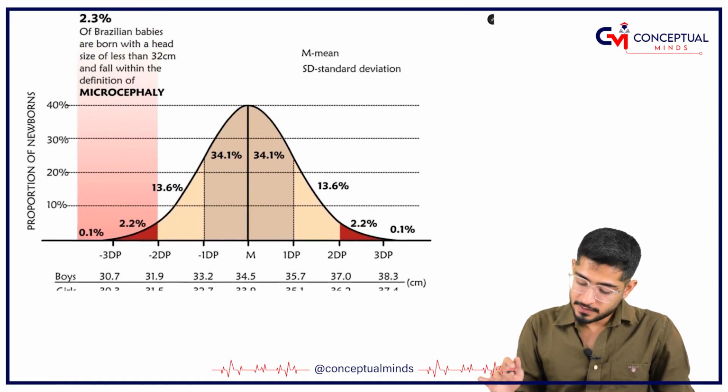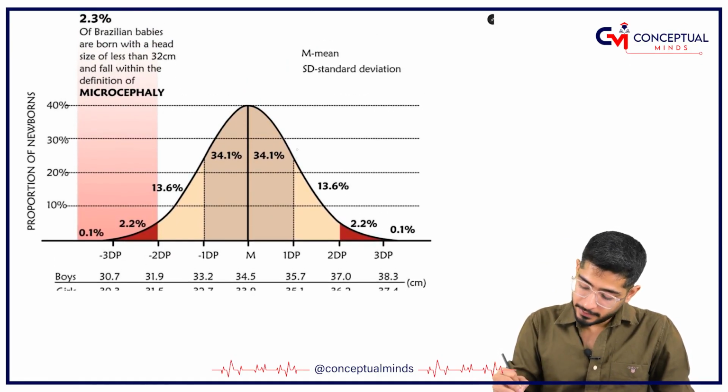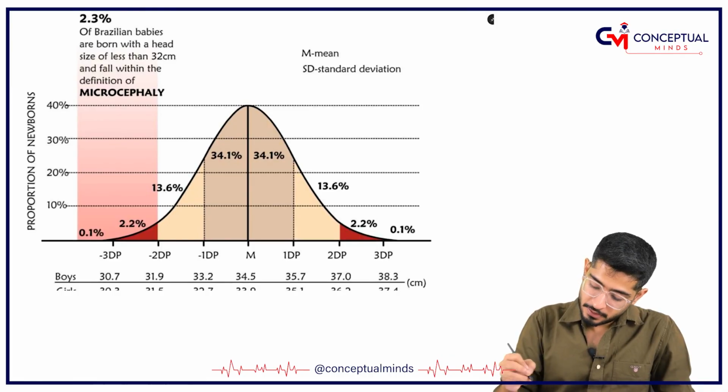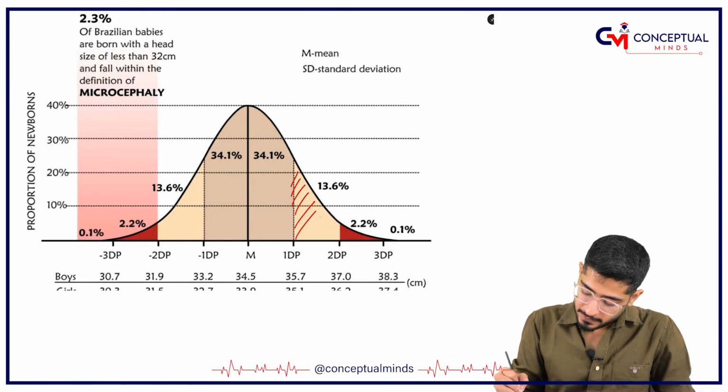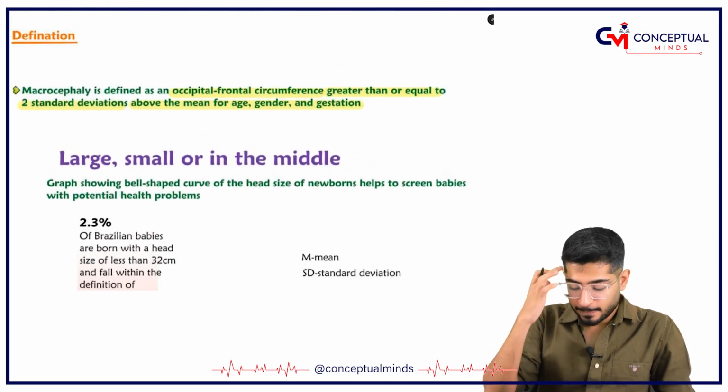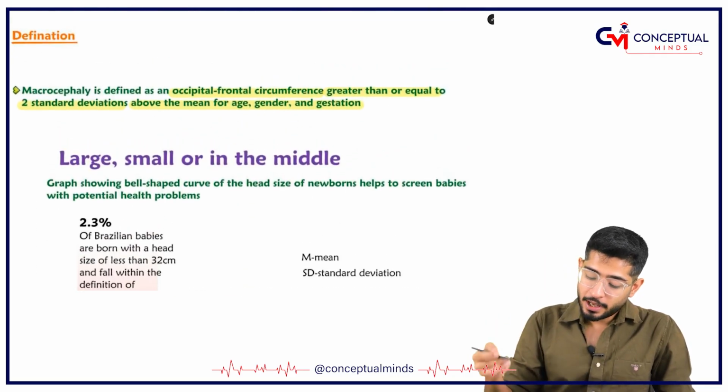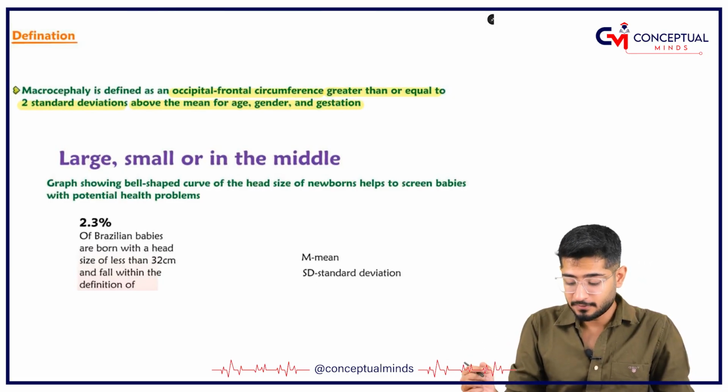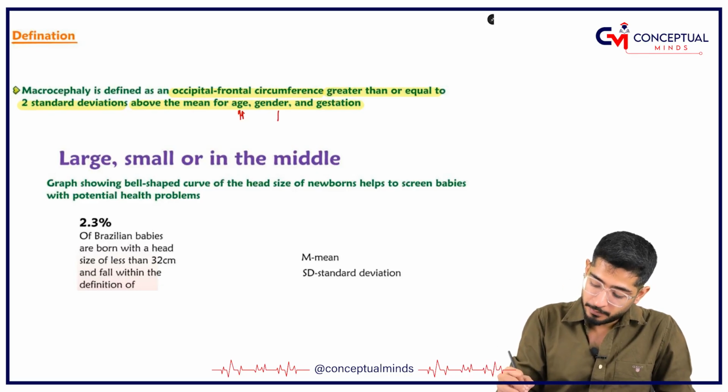So the children who are going to fall in this area. Can you understand that: occipital frontal circumference greater than or equal to 2 standard deviations above the mean for that particular age, gender and gestation.